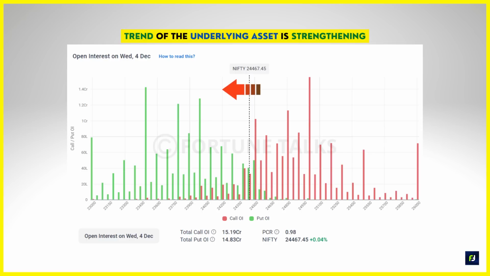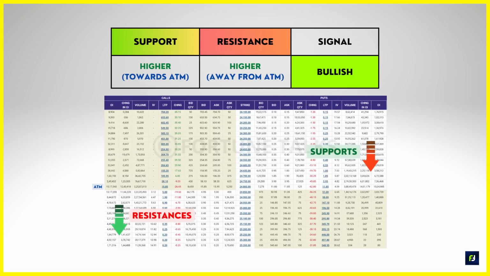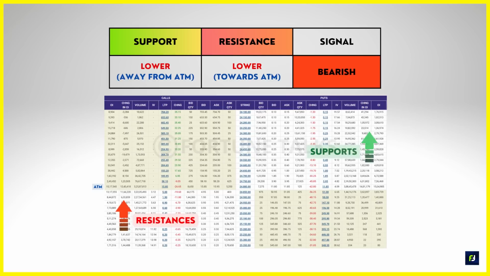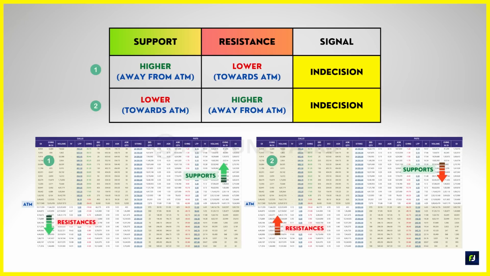So in essence, supports and resistances both shifting higher denotes a bullish sentiment, whereas supports and resistances both shifting lower signals a bearish trend. On the flip side, supports shifting higher and resistances shifting lower, or vice versa, indicates indecisiveness about the trend of the underlying. I hope you get my point. In fact, it is quite simple, right?